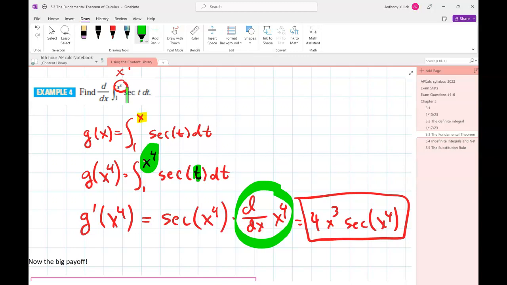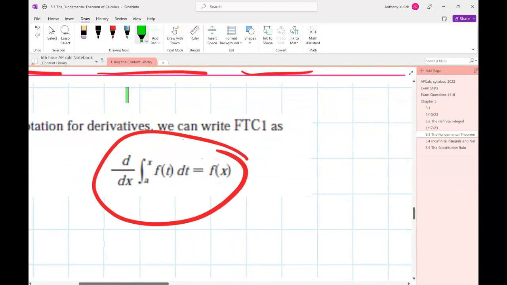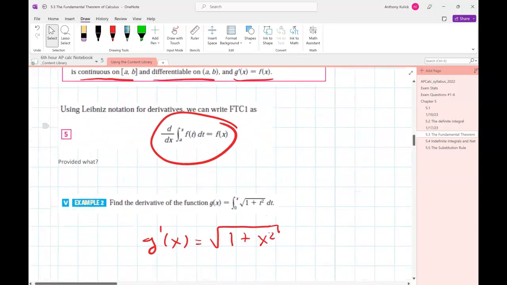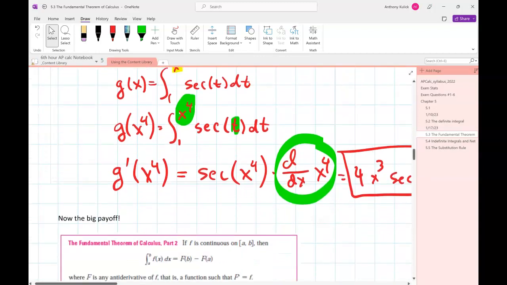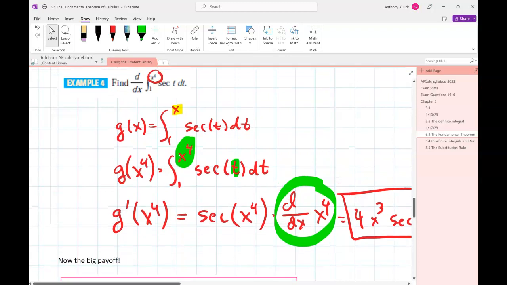So the 1 doesn't matter? Not a bit. Because the fundamental theorem of calculus gives the lower bound as an a. So whatever it is, we don't care, as long as it's a constant. Is that okay with you guys?